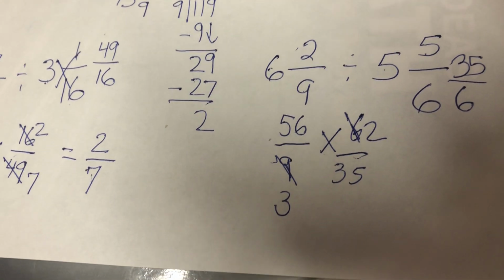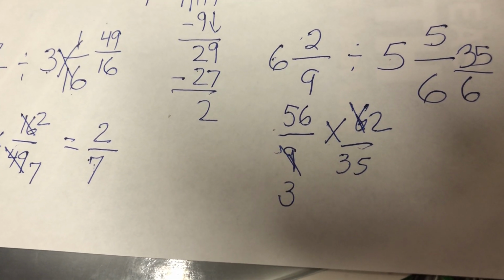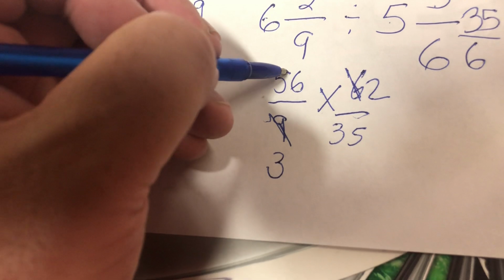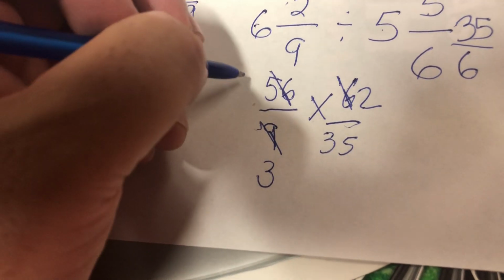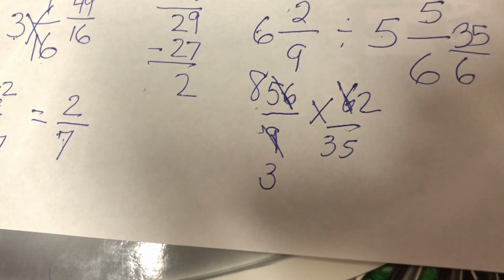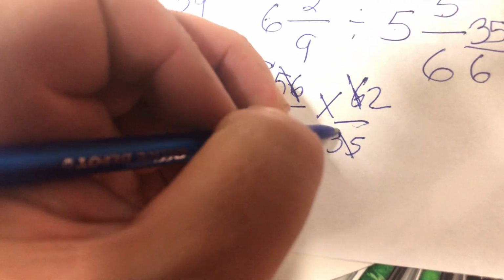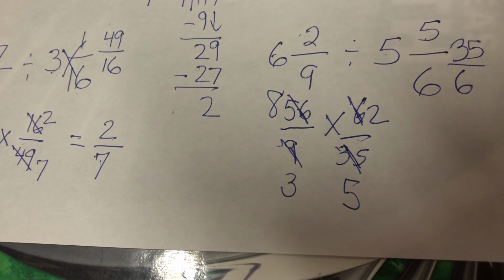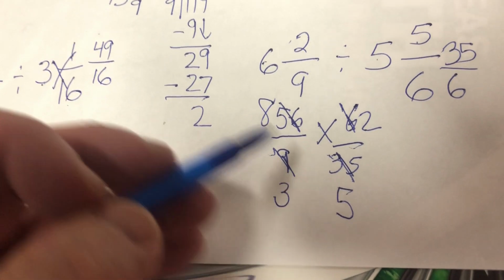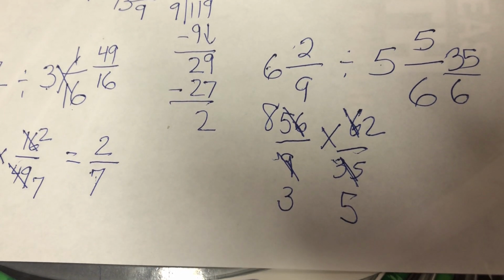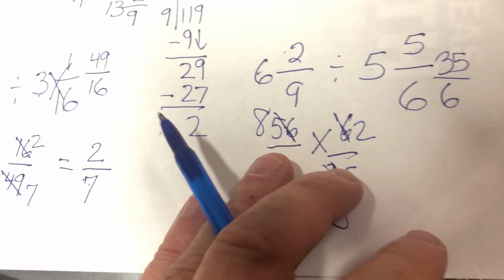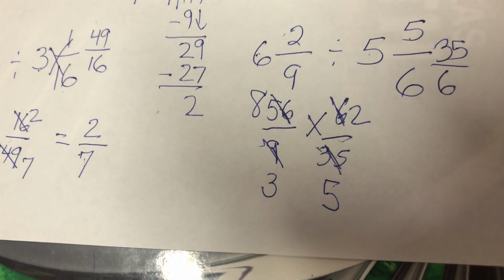56 and 35, they both look like answers from the 7 times tables. 56 divided by 7 is 8. 35 divided by 7 is 5. I can't make an 8 and a 5 any lower. Not a common factor of 2 and 3 is any lower, just 1 for both sets there.